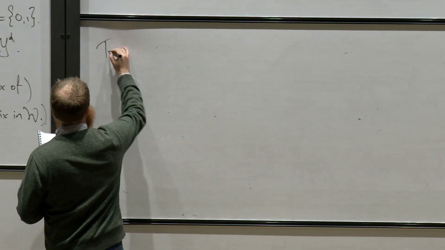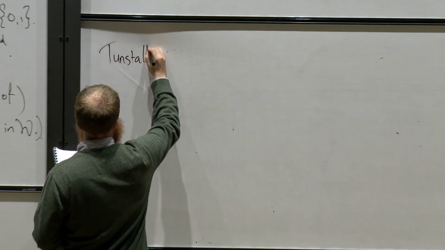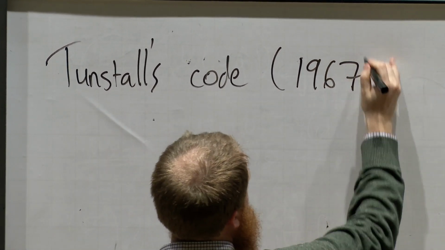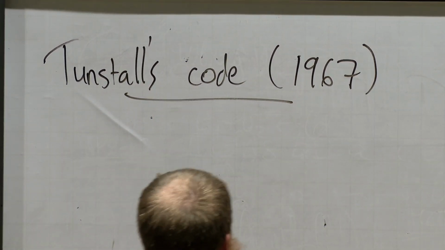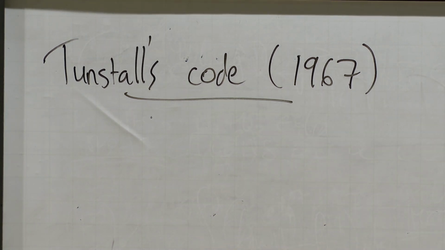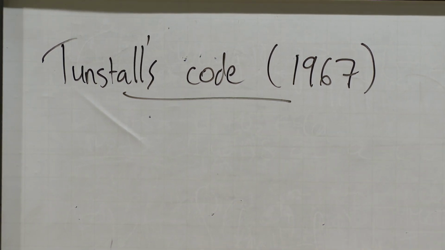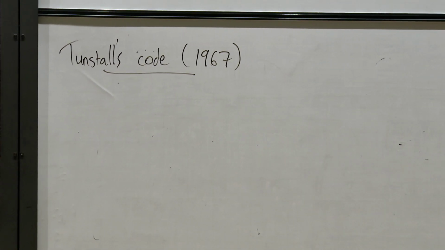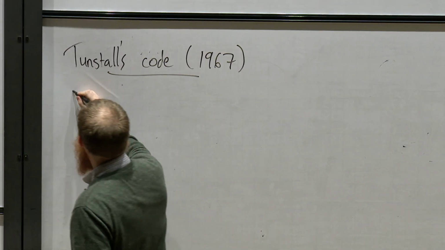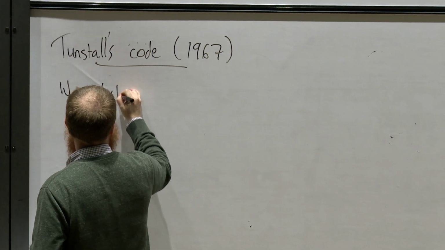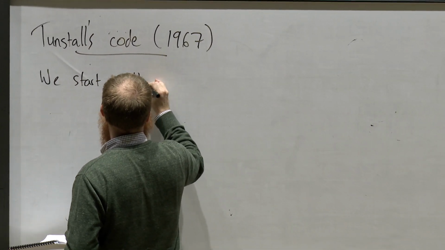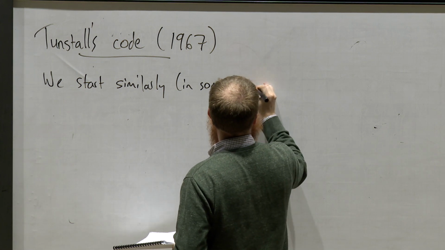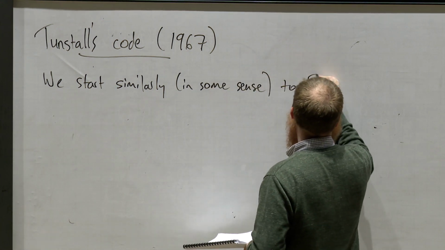So this leads us to Tunstall's code. 1967. So this was Tunstall's PhD thesis. Again, the construction, the easiest way to do it is to do an example. So we start, similarly in some sense to Fano's code.